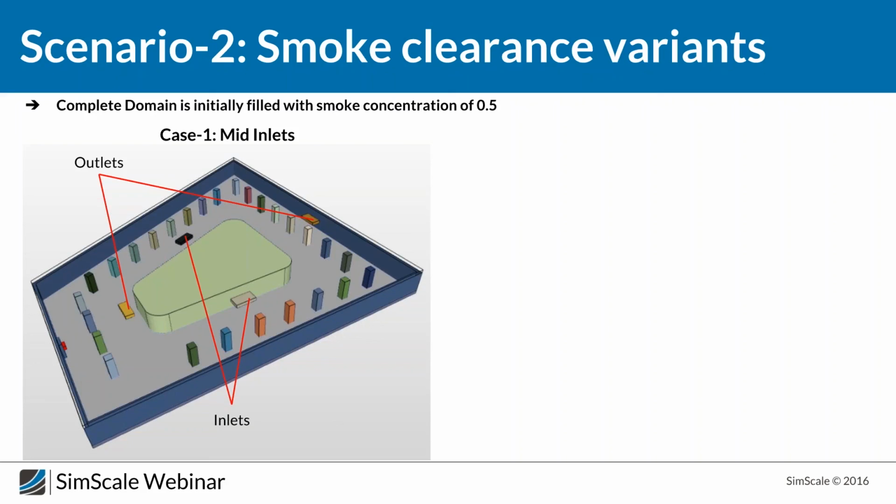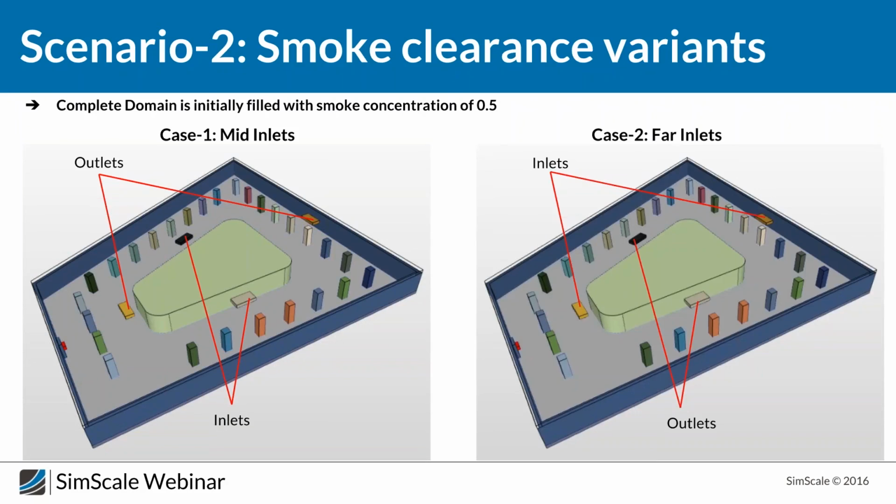So we're initially going to fill up our garage with this 0.5 concentration of smoke, and then we use 2 outlets and 2 inlets to see how the smoke is being removed, and how the arrangement of these inlets and outlets actually facilitates this removal of smoke from our system.